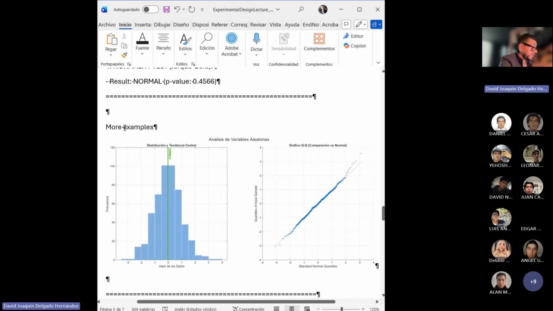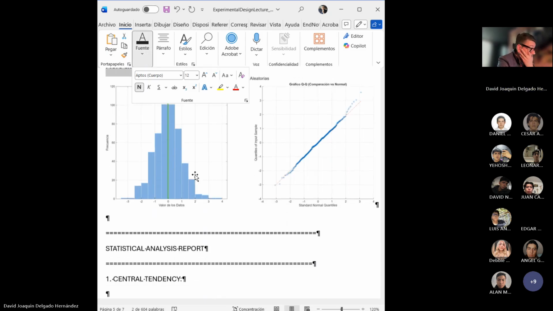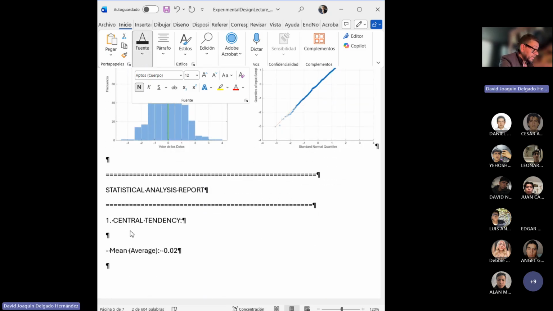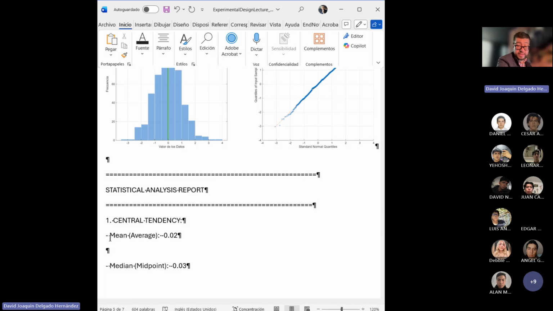More examples. Okay. So for this particular case, the central tendency, the mean, corresponds to a negative value of minus 0.02. The median is practically the same, minus 0.03.